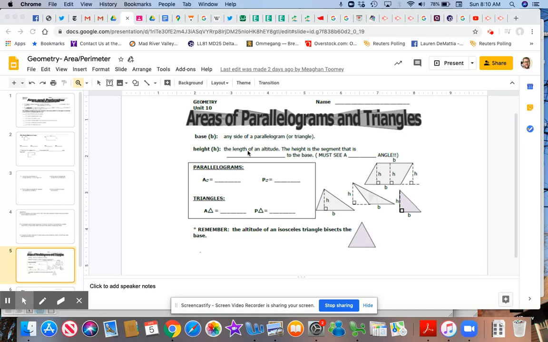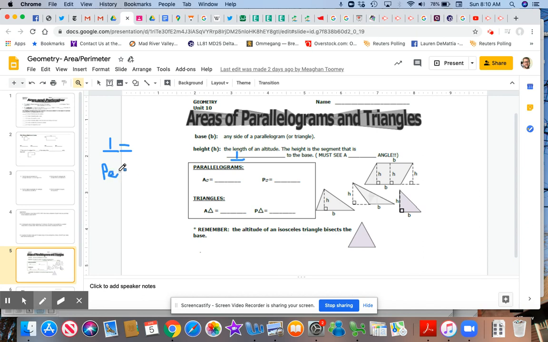And then the height is the length of an altitude. The height of a segment must be, and I'm going to draw this very poorly, I'm just going to draw this symbol and this symbol over here equals perpendicular.